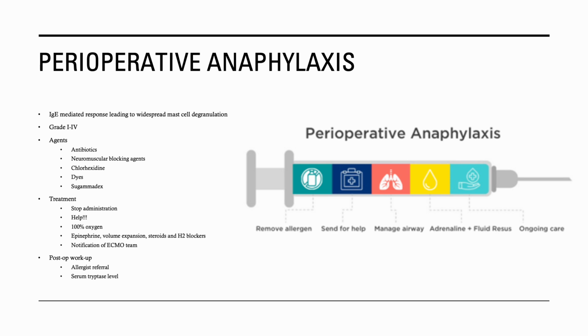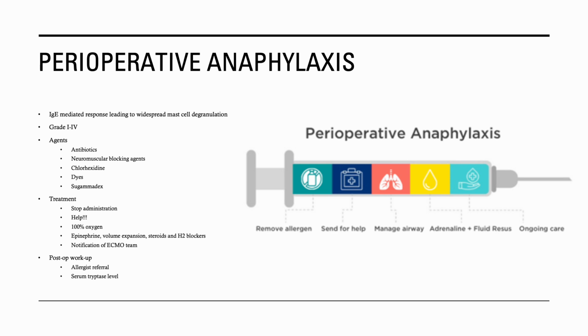Grade 3 is a life-threatening reaction. This is when the hypotension and respiratory disturbances become significant to the point where the patient's life is at risk. And then grade 4 ultimately is cardiovascular collapse, which in serious situations can certainly occur.